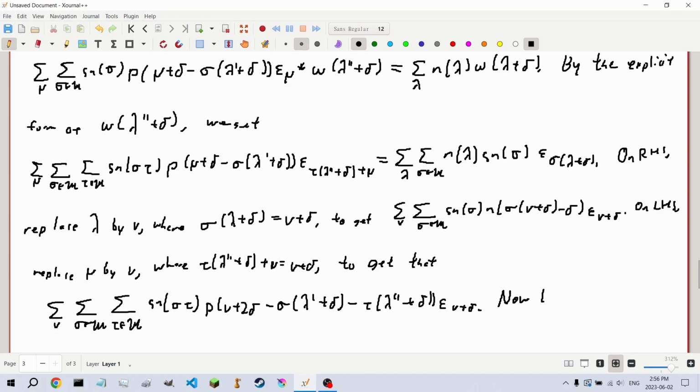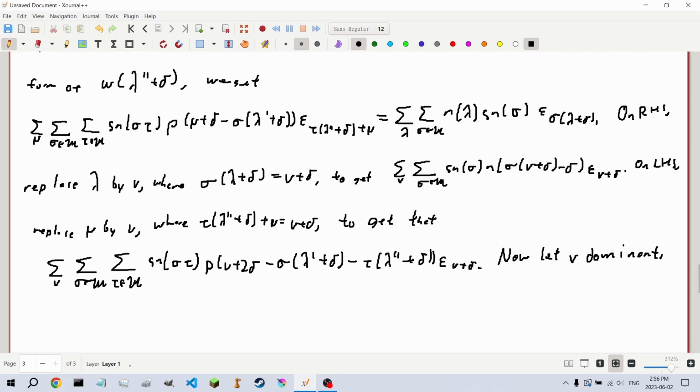Now let nu be dominant. Then sigma of nu plus delta minus delta is not dominant unless it is just the identity.